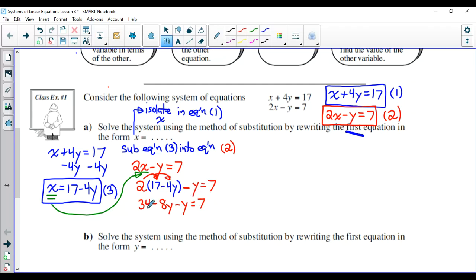If we combine like terms, we then have 34 minus 9y equal to 7.